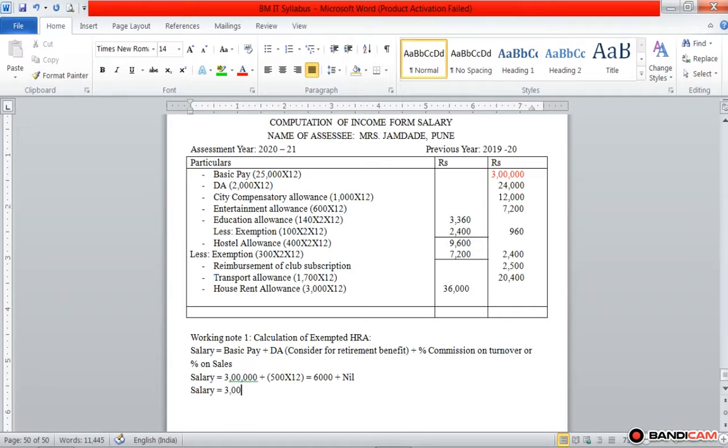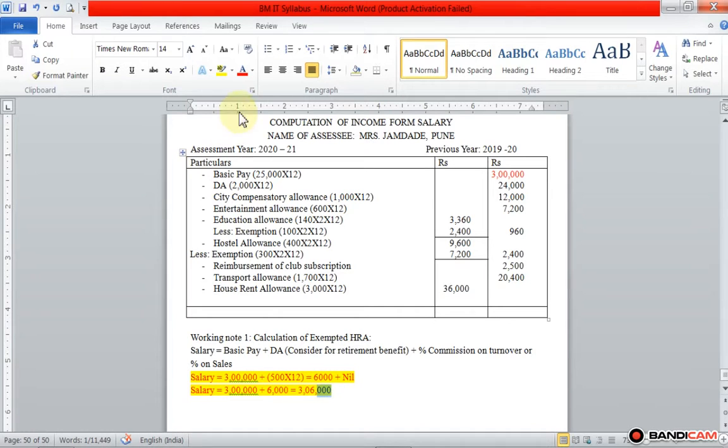So salary is equal to 3 lakh plus 6,000, and we get a salary of 3,06,000. So we computed the salary for computation of exempted HRA, amounting to rupees 3,06,000.